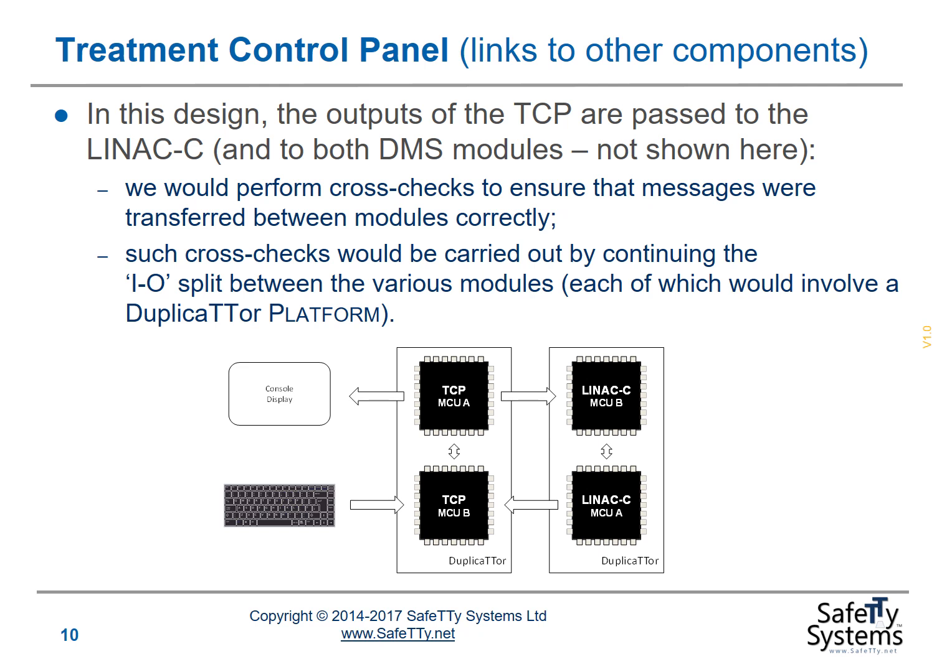And such cross-checks would be carried out by continuing the I/O split between the various modules, each of which would involve a duplicator platform. That means that we send information in each case to one of the microcontrollers in the duplicator platform, perform cross-checks with the other microcontroller, and have the other microcontroller send a confirmation message back to the source of the original message.